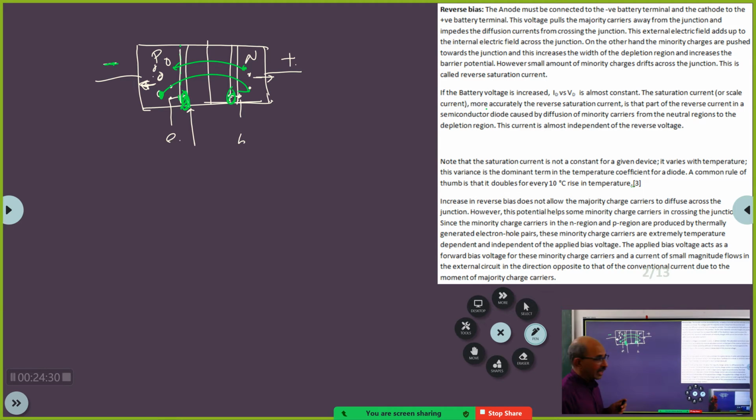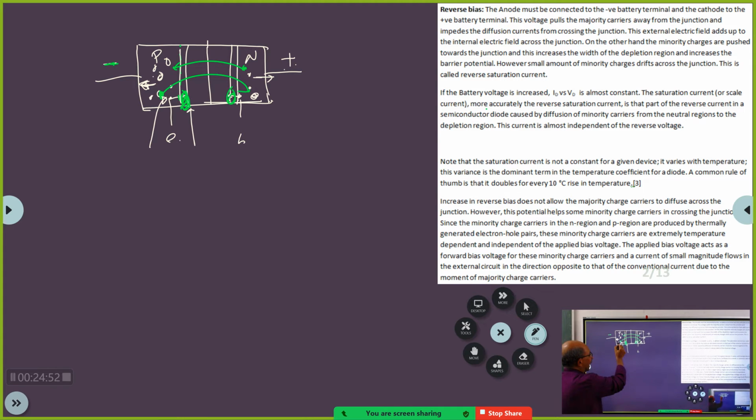However, there is one current that will flow. What is it? Now you see, the minority charges here, the minority charges here. The minority charge here is what? Electron. The minority charge here is what? The hole. Now because of this positive plate, these holes get more energy. These electrons get more energy.